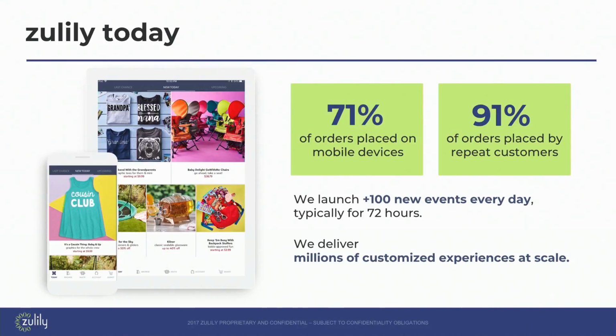Absolutely. So at Zulily, I'm working with multiple teams of data scientists, data and ML engineers to solve a bunch of problems. One of them is driving customer engagement. Right? We want to enable discovery, so we present a one-to-one custom-tailored experience to all of our customers. And as a result, 91% of our orders today are actually coming through repeat customers.